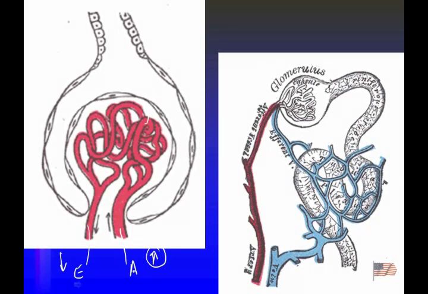It's one of the ways it's regulated. By decreasing afferent, I then have less driving pressure pushing fluid across, so less is eventually going to end up as urine. Okay? So there's ways that the body can control the amount of blood that goes through that glomerulus.